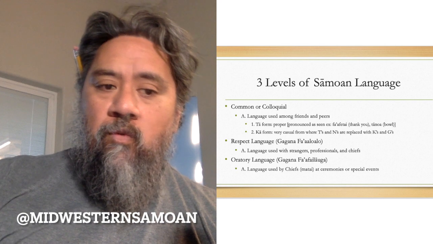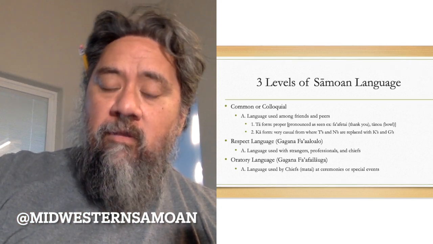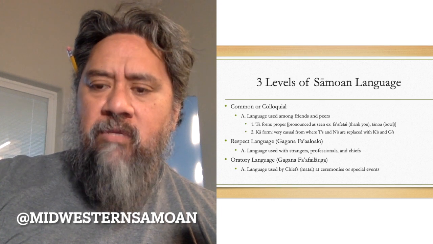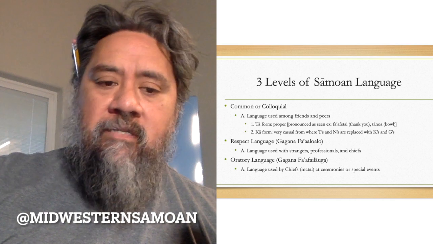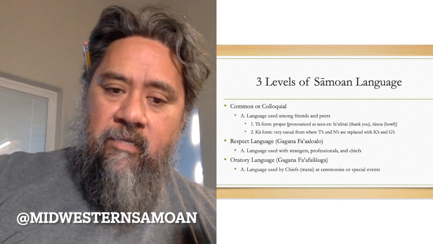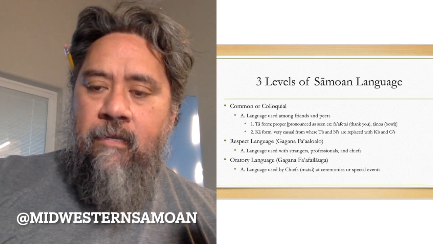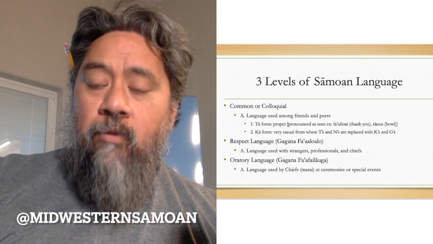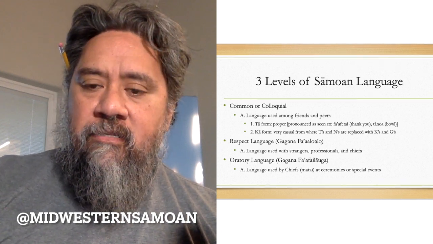So there are certain words that you wouldn't use when you're speaking respectfully to these strangers, professionals, or chiefs. And then you have the oratory language, which is the highest form of language, and it's super important, especially on special occasions.